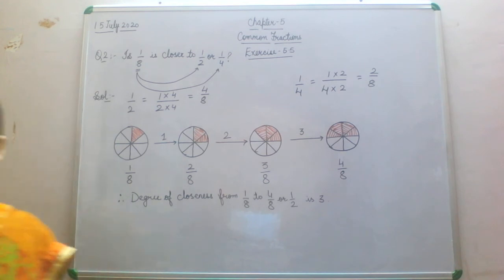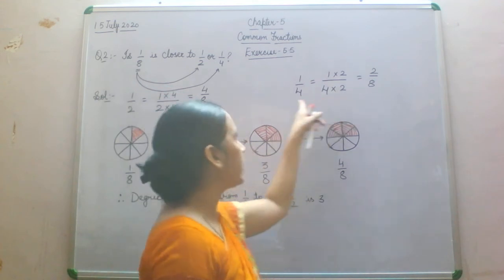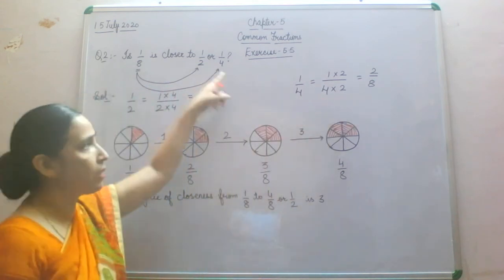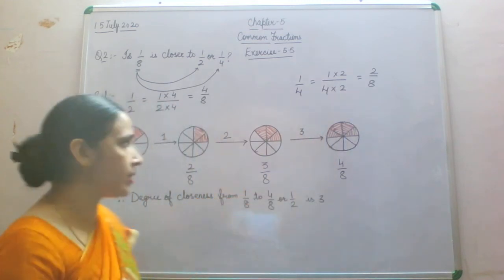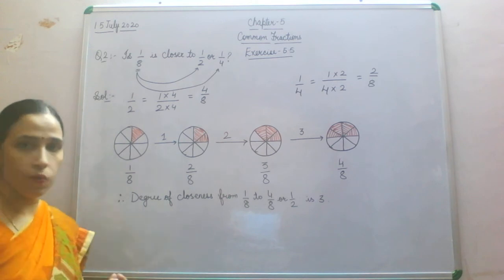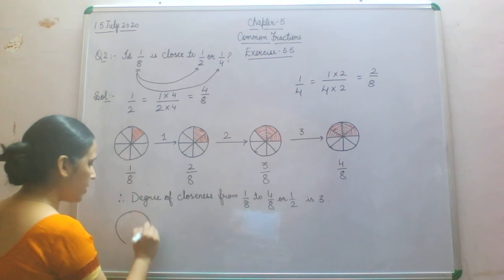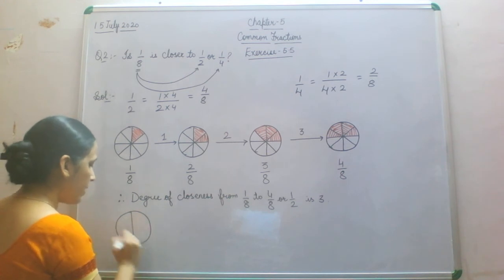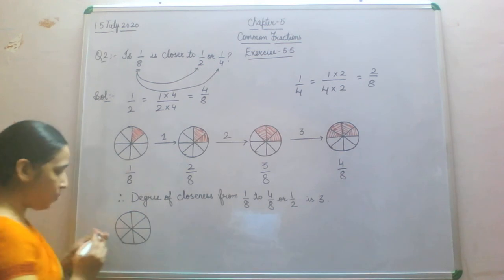So children, next we have this 2/8 or 1/4. 1/4 we have converted into 2/8. Now we will represent this. Again we will draw 1/8 here. We will draw a circle and divide it into 8 parts. Now we will represent 1/8 here.